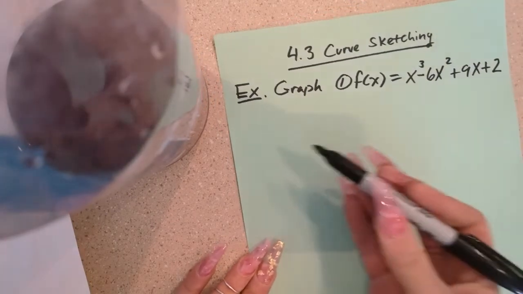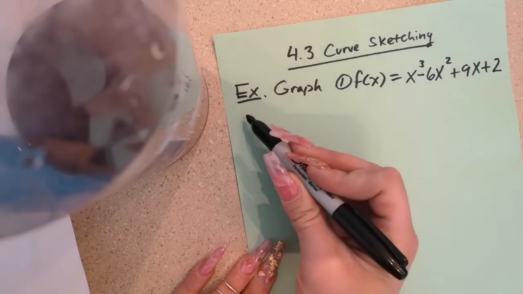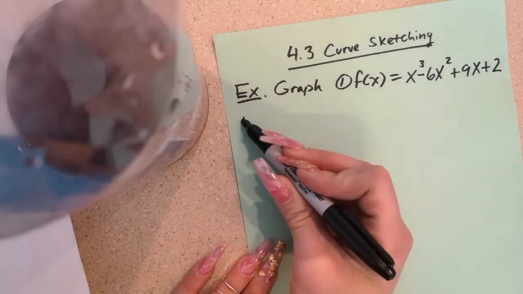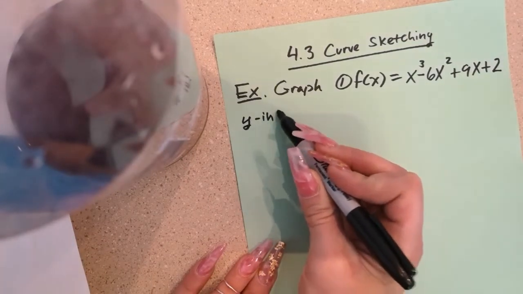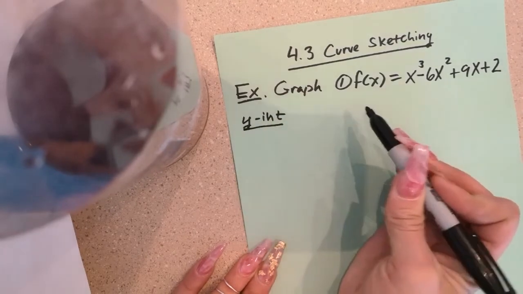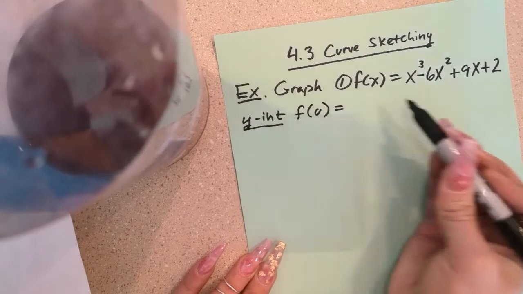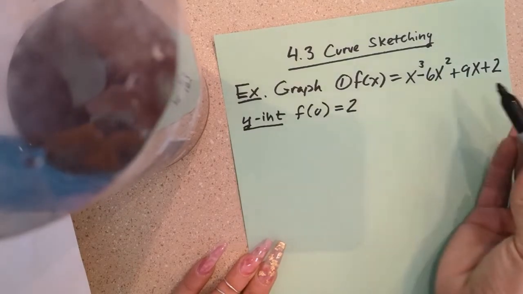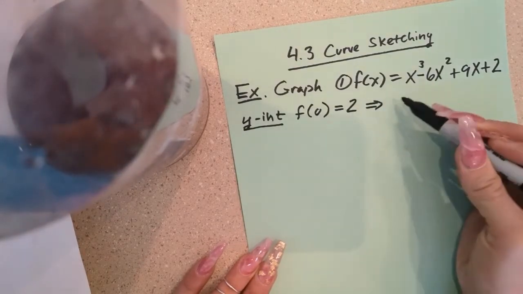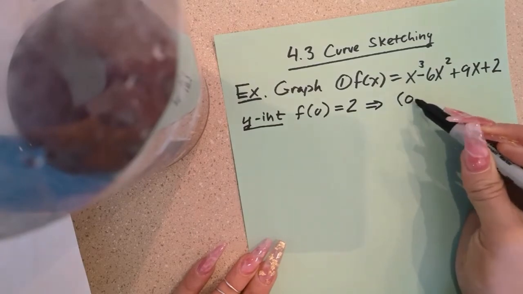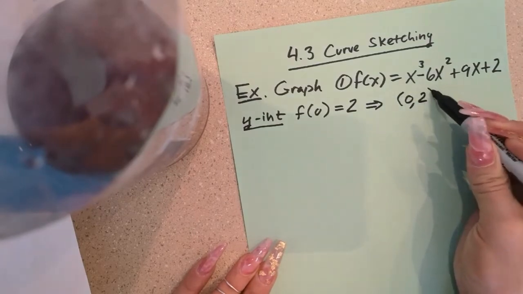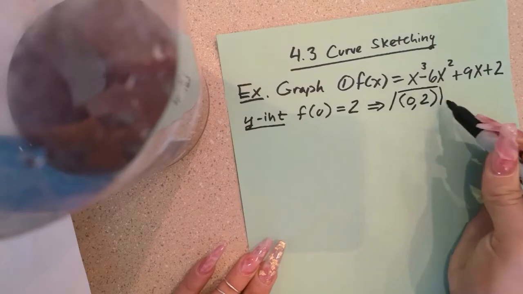Depending on the specific type of function, there's different information I could look for. Maybe the y-intercept. I find that by setting x to 0, which just leaves me with the constant. Therefore, my y-intercept would be at the point 0, 2.